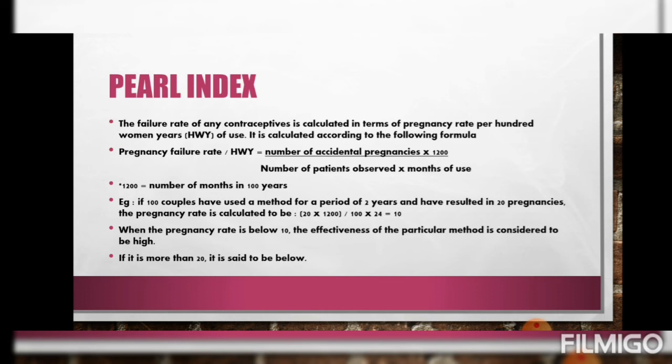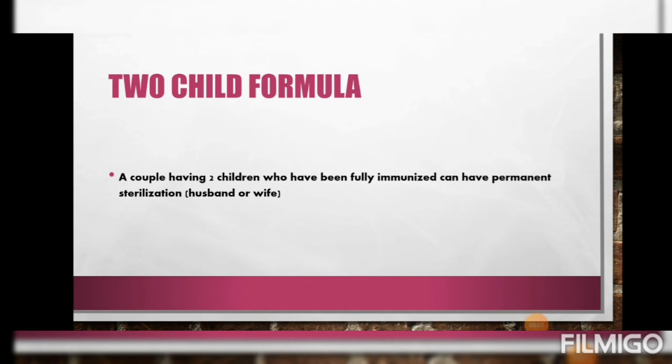This is called Pearl Index. Now we will see what we mean by two-child formula. Two-child formula, as the name suggests, means a couple having two children who have been already fully immunized can have permanent sterilization, whether it is the husband or the wife.